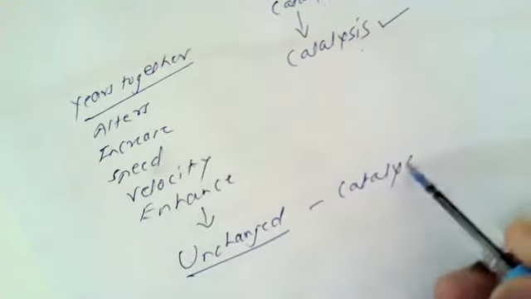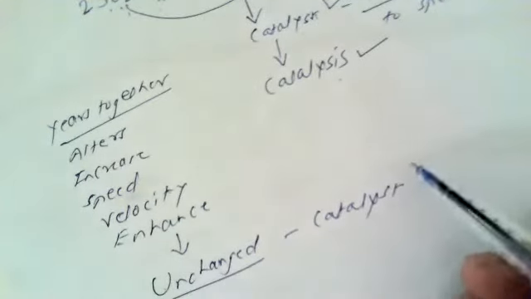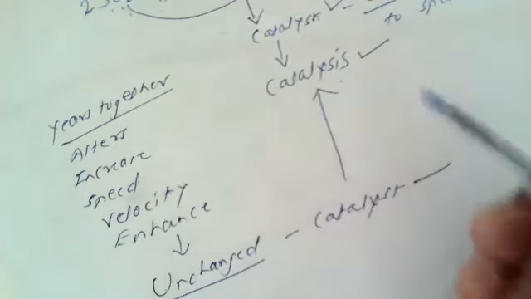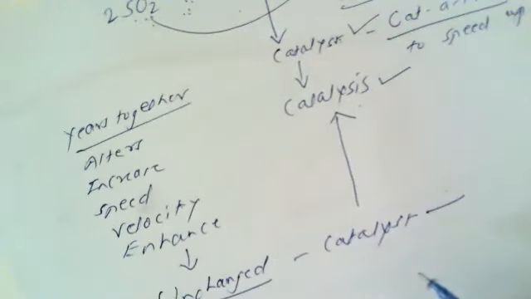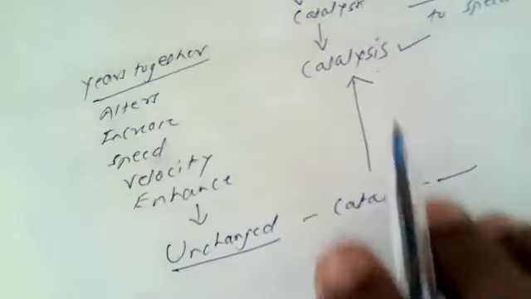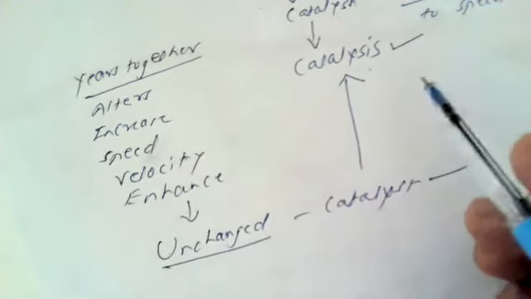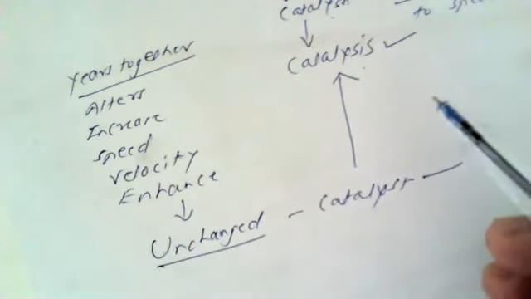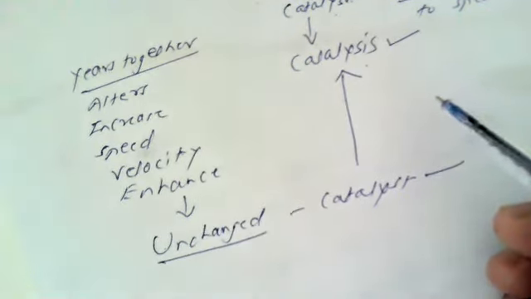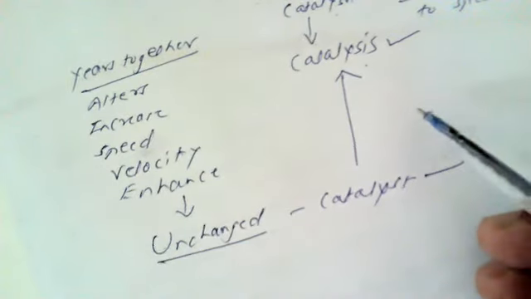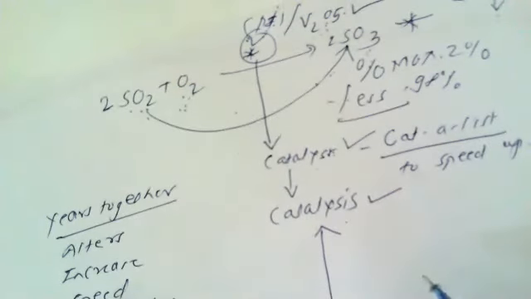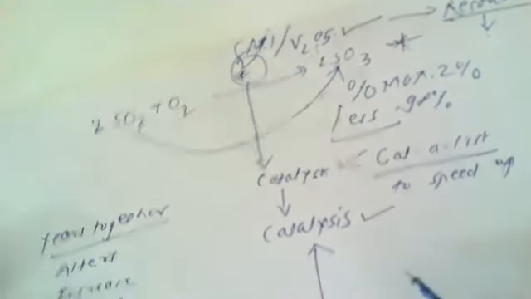This is a simpler form of the definition of catalyst. And the chemical reaction which involves the use of these substances, either in solid, liquid or gaseous state, is known as catalysis. So any substance which alters or increases the velocity of a reaction is known as the catalyst and the phenomenon is known as catalysis. This is how the simple definition of catalyst and catalysis can be shown.